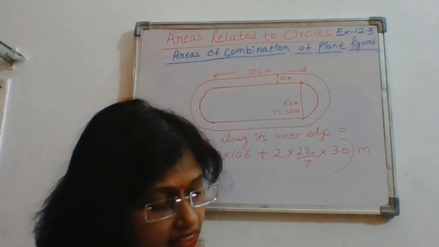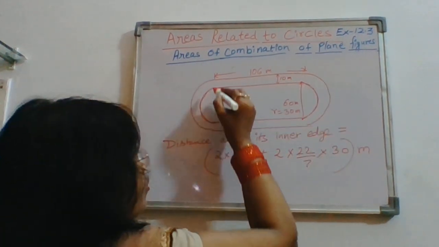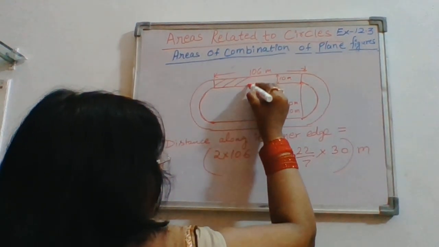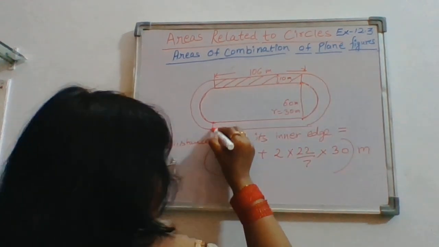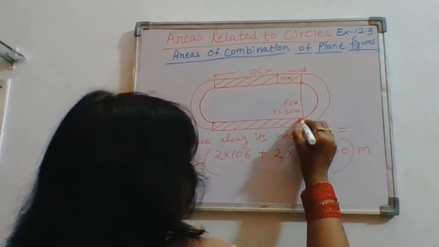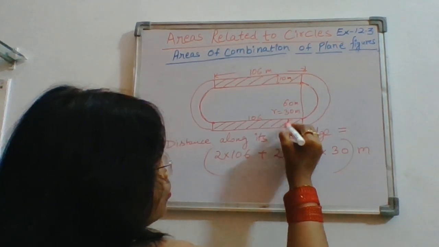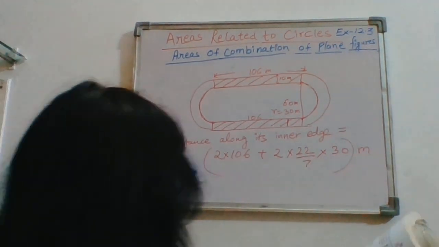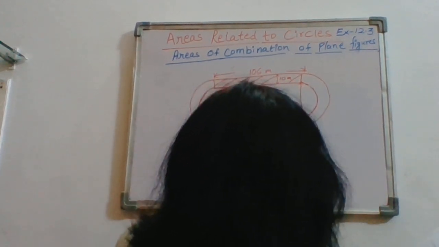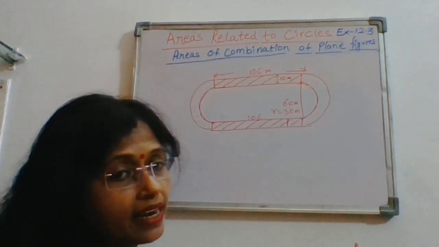Now they are asking to find the area of the track also. So we have to find this area of the track. See, these two tracks are rectangular in shape, right? They both will have the same area. The length of both is 106 and breadth will be equal to 10 meter, right? So area of two of the rectangles is length into breadth. And this will be forming a ring.